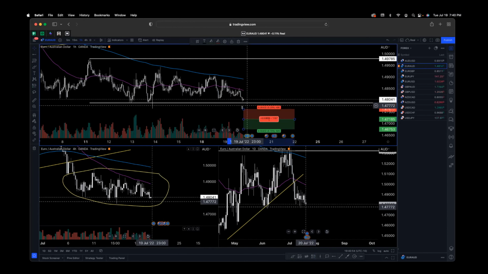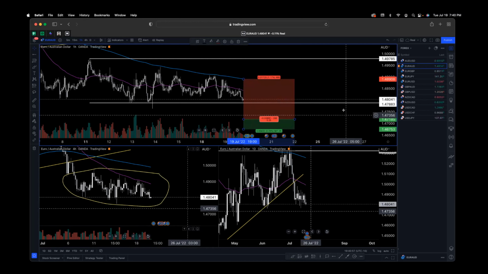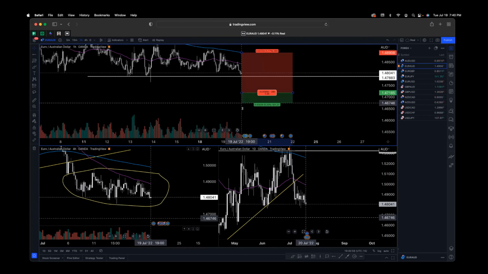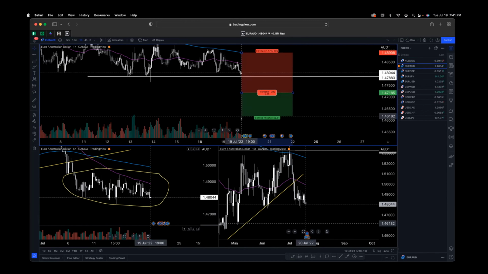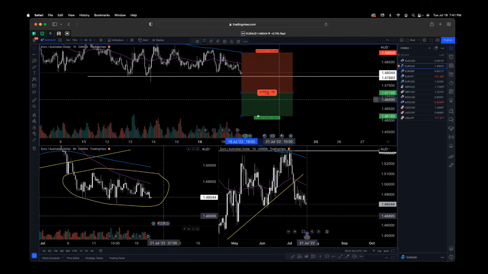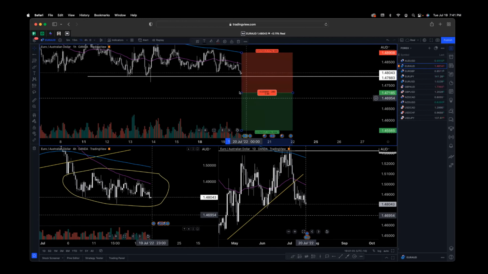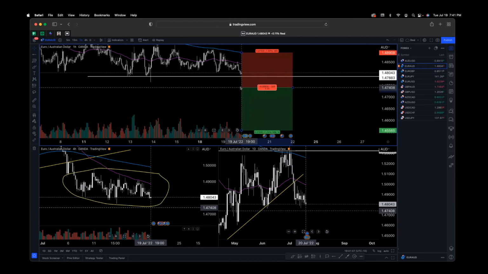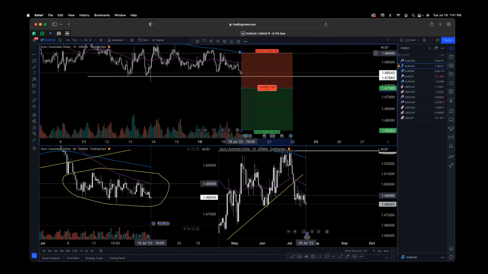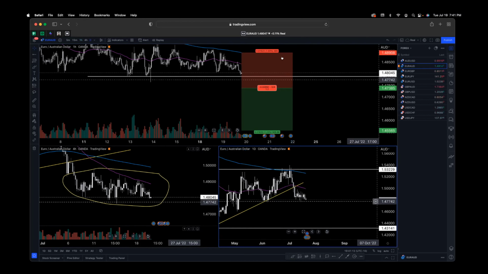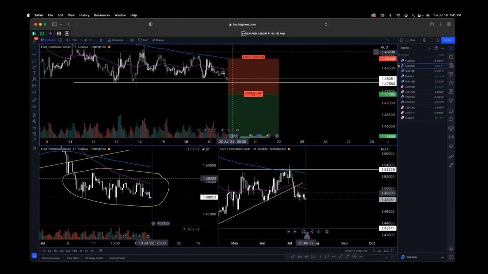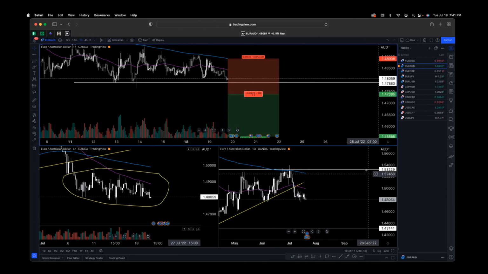But this is something I would like to see happen, short like this and get into it. Now, when I draw this, don't think I'm limiting my trade to only 0.58 or 0.4. It's just more so for my entry level. That's where I want to enter, and this is where I would want to stop at this immediate moment in time. The market's always changing, so my stop loss will always be changing right before I get into the market.